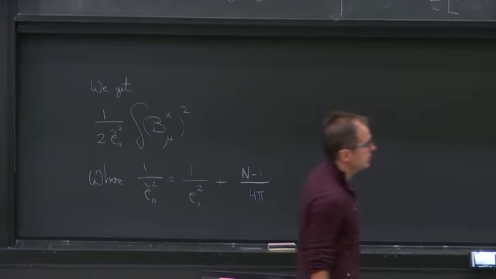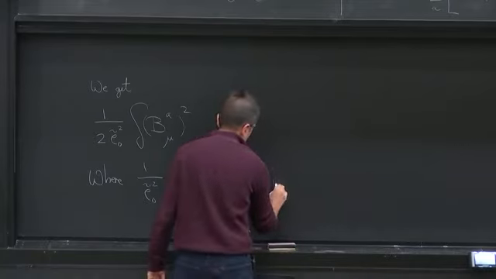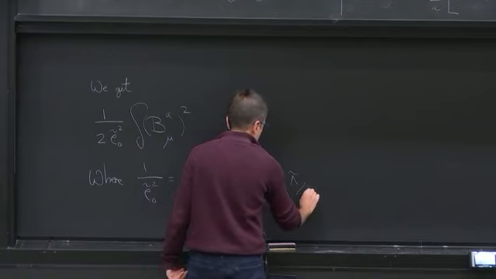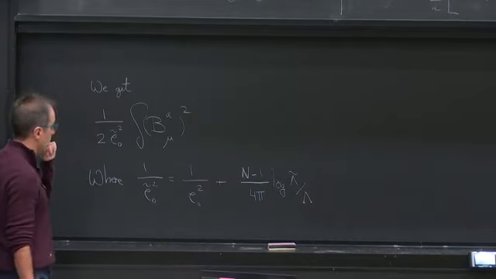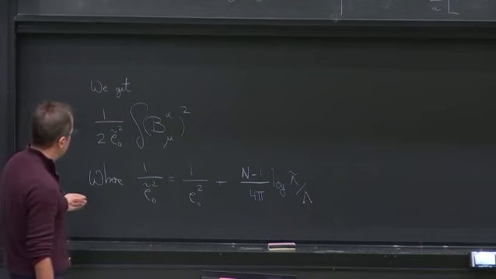Is it correct? All the e0s cancelled. And so we generate.